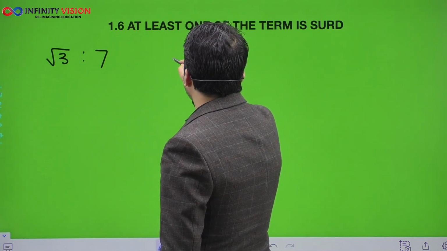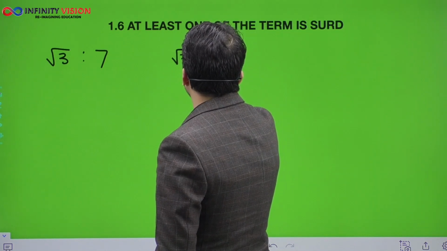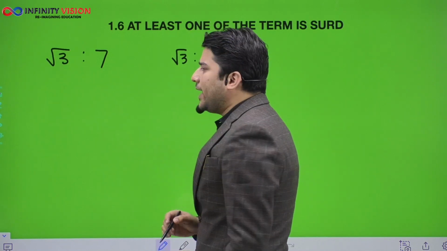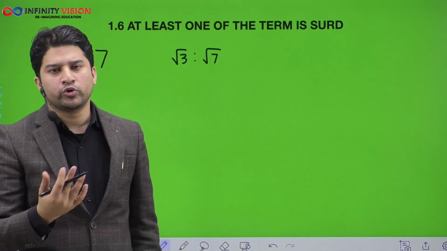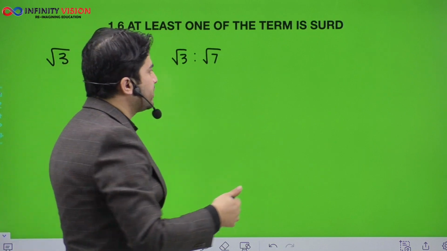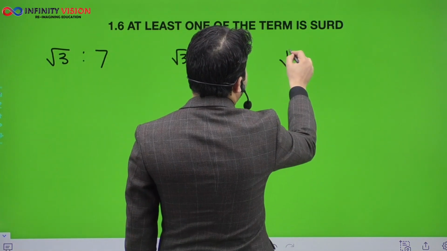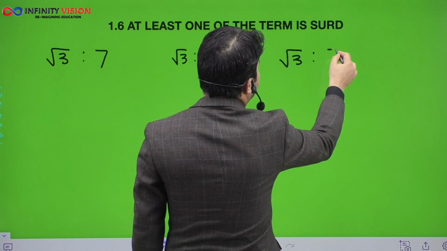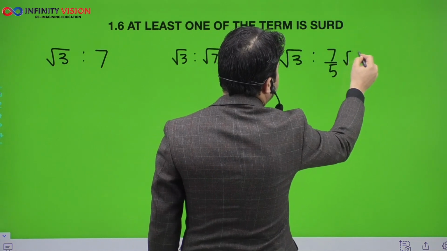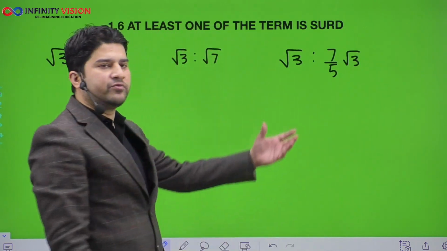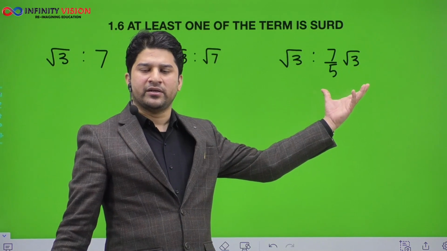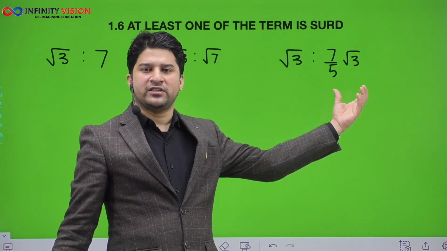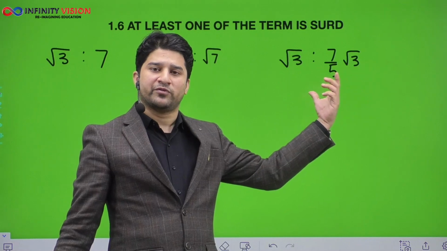The second example is root 3 is to root 7. Your antecedent and consequent both are irrational numbers. The third example is root 3 is to 7 by 5 root 3. You have two irrational numbers, but the second irrational number is a rational multiple of the first irrational number.